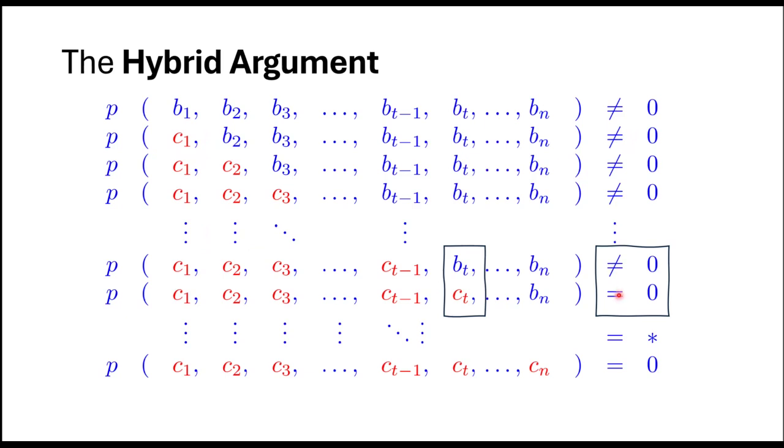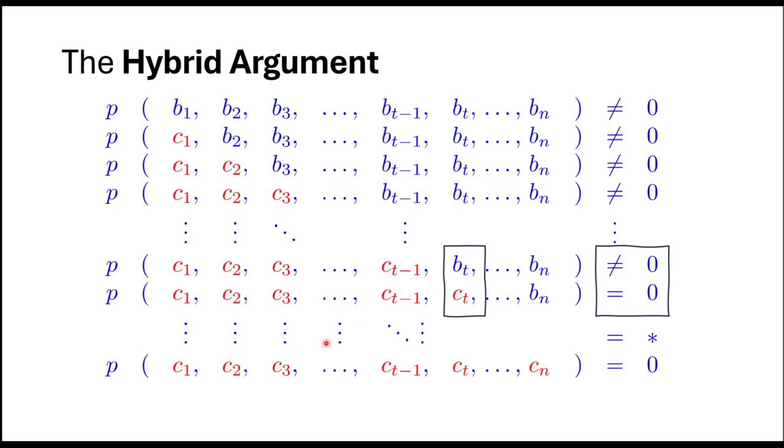Here it's non-zero, here it's zero. So there must be this first time that this happens, and it happens at a coordinate t, for example. Here it's bt, and here we switch bt to ct, with c before it and b beyond it, and then this is equal to 0.